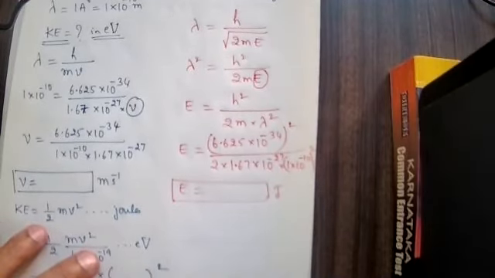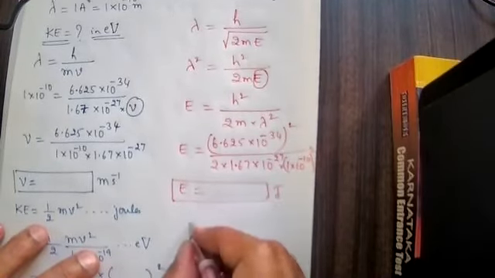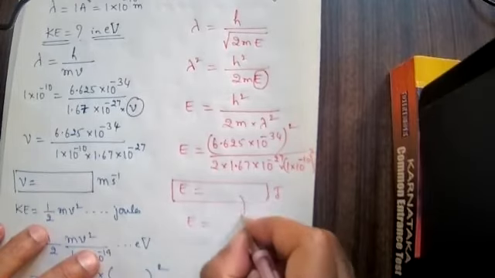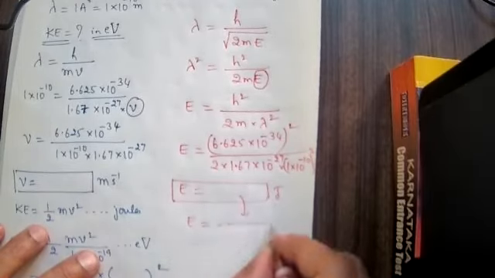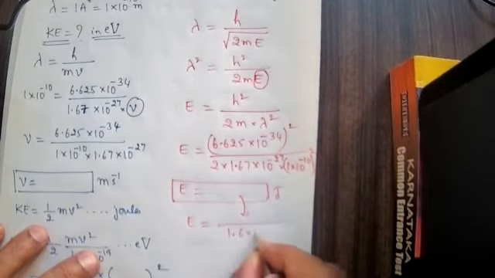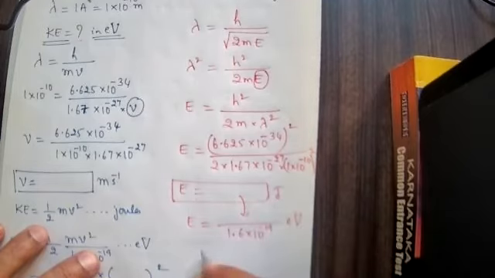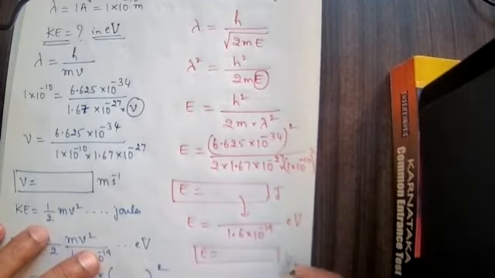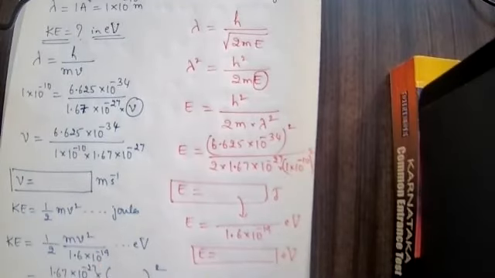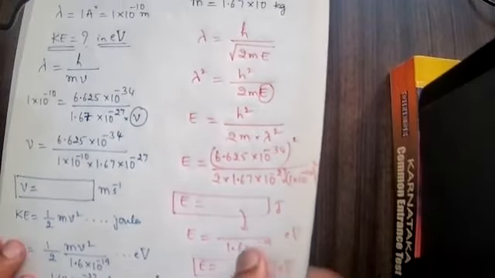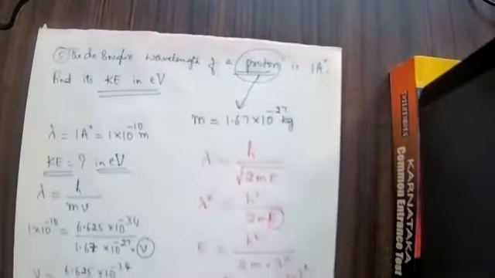I want to calculate it in terms of eV. Therefore, E is equal to the same number divided by 1.6 × 10 to the power minus 19, in terms of eV. If you know the subject, we can solve the problem in different ways. Both are one and the same.